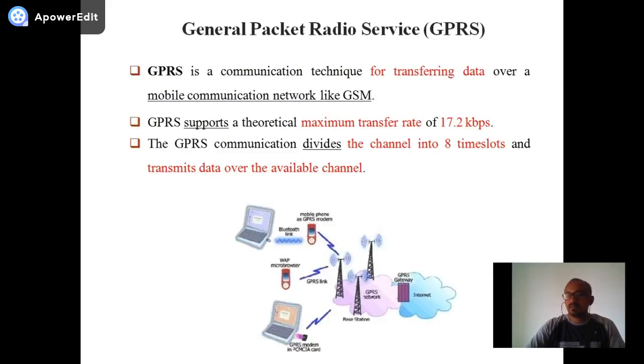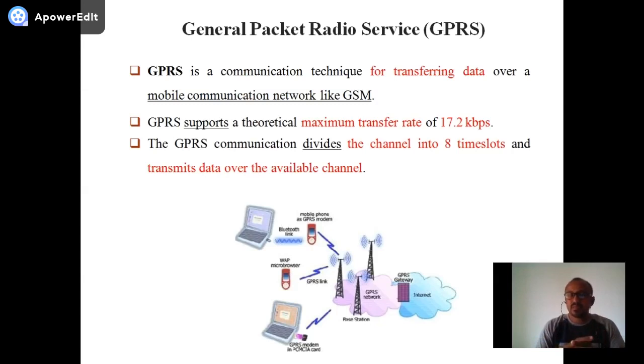The last one in the external communication interface is General Packet Radio Service, that is GPRS. It is most commonly used in our mobiles, as you know. GPRS is a communication technique for transferring data over mobile communication networks like GSM.